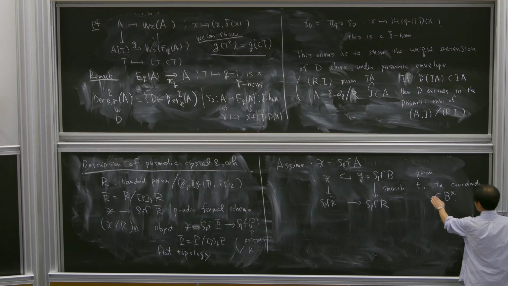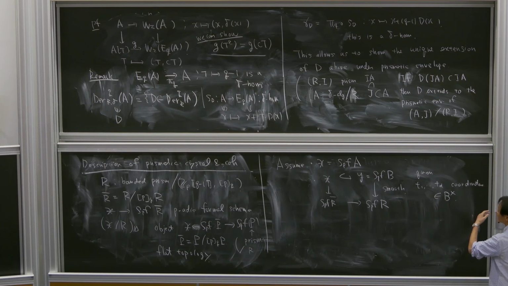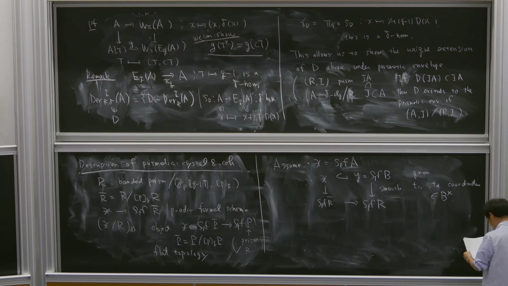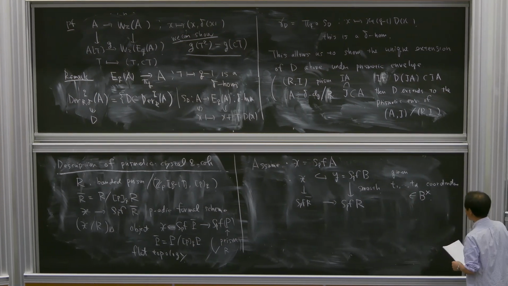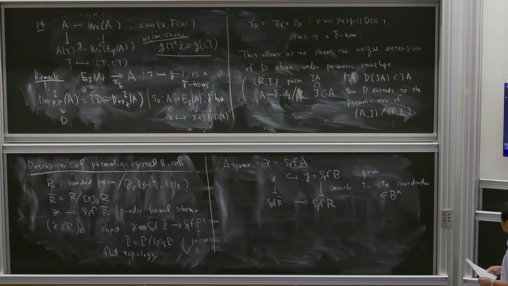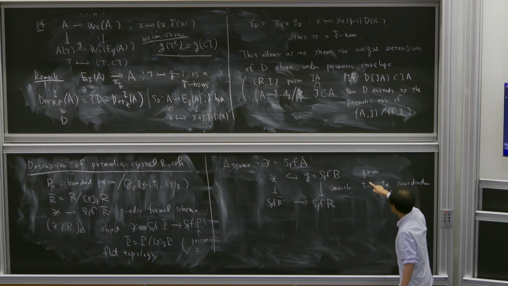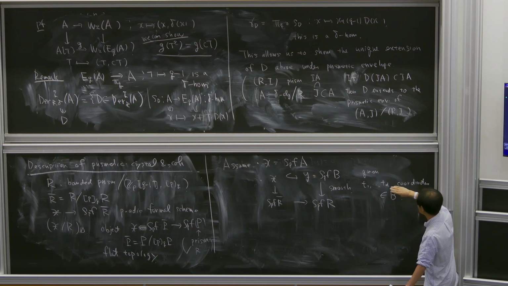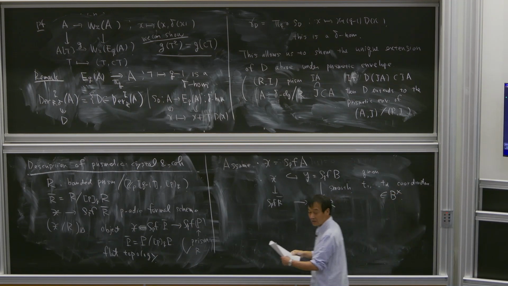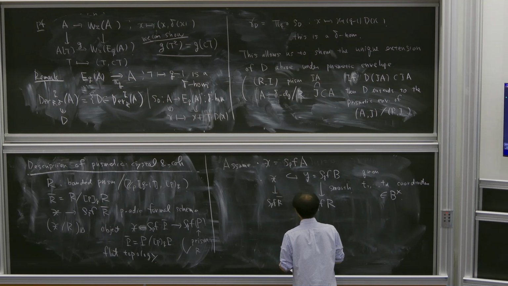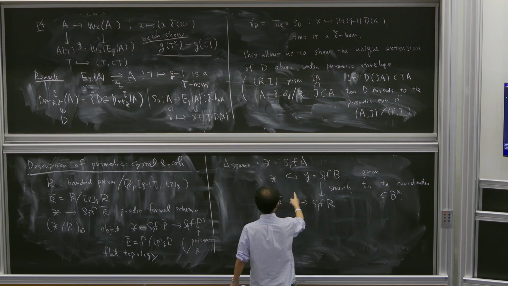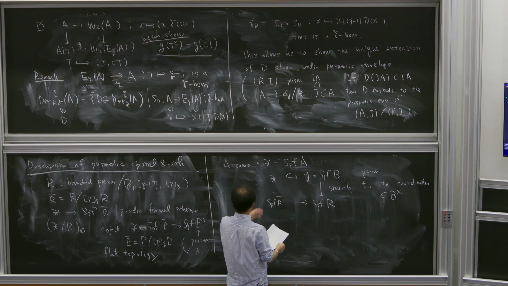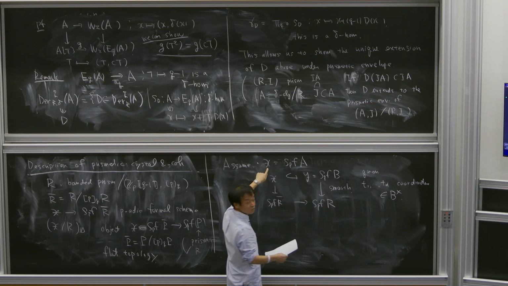Actually, I will work with a logarithmic derivative, but we can also work with the usual derivative. So nth power goes to n minus 1, then you can remove the assumption that this is a unit. So you mean this one?